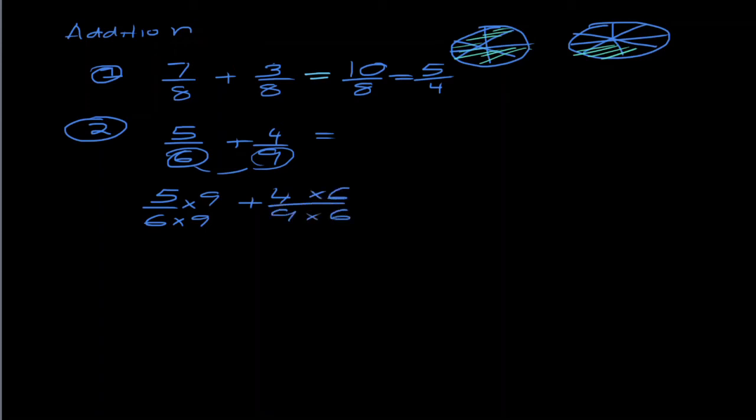So let's simplify this. 5 times 9 is 45, 6 times 9 is 54, and we add here, we have 4 times 6 is 24, and 9 times 6 is 54. So you see, when you multiply them against each other, they become the same denominator, which means we can apply the same principle we applied before, which was you just add the numerators. So 45 plus 24 is 69 over 54.